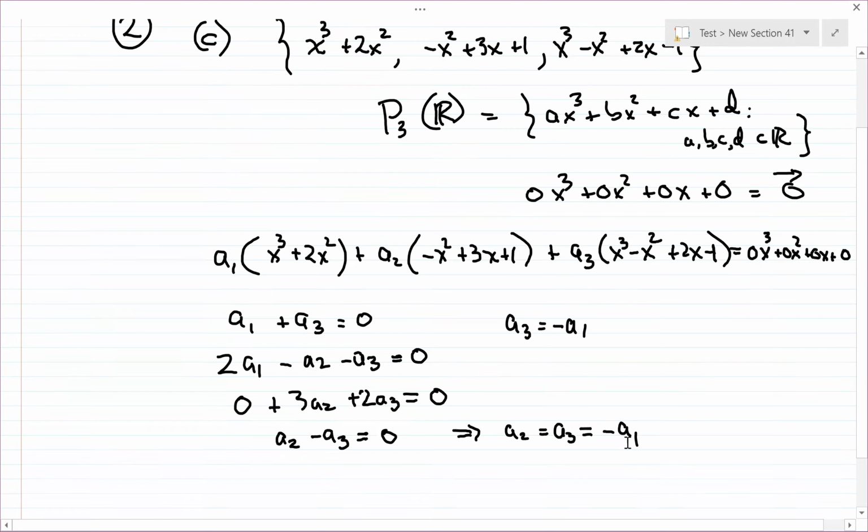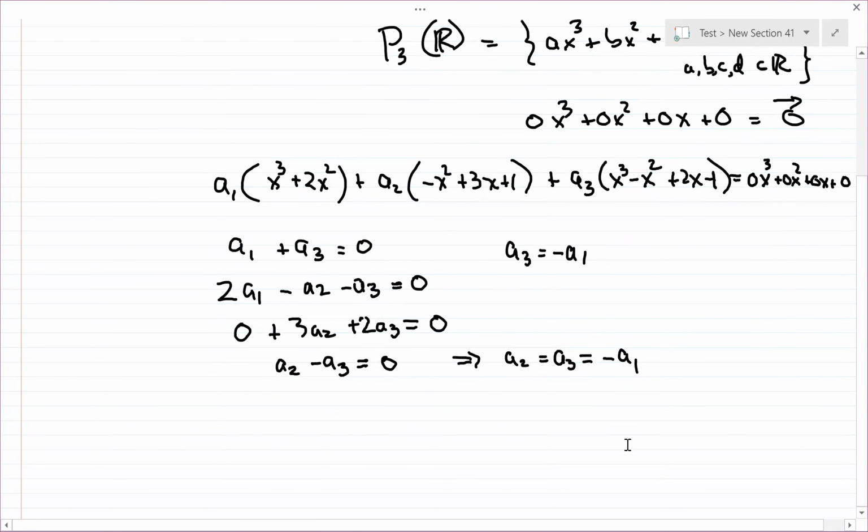So there's this relationship here. Looking at that, why don't we just pick A2 to be 1, and A3 to be 1, and A1 to be what, -1? If I do that, all of these conditions seem to be true.